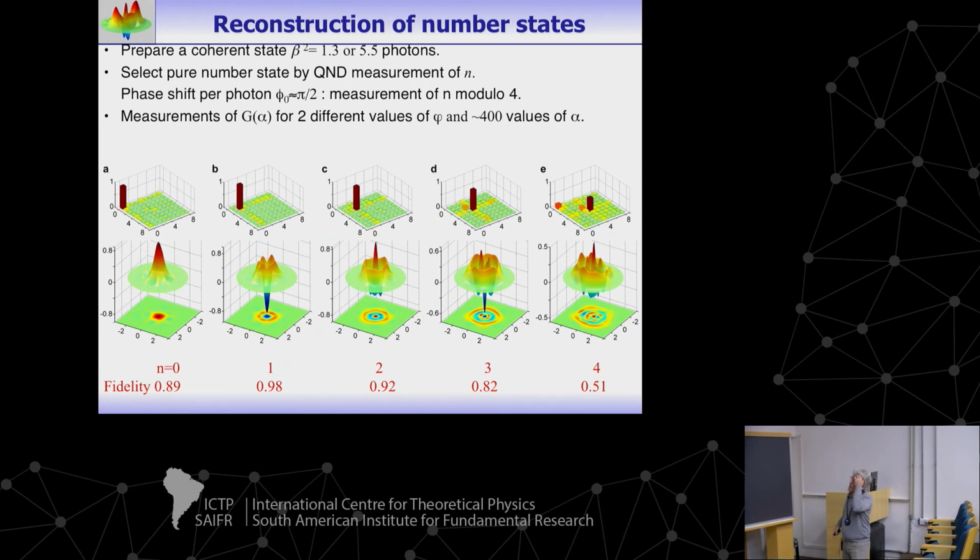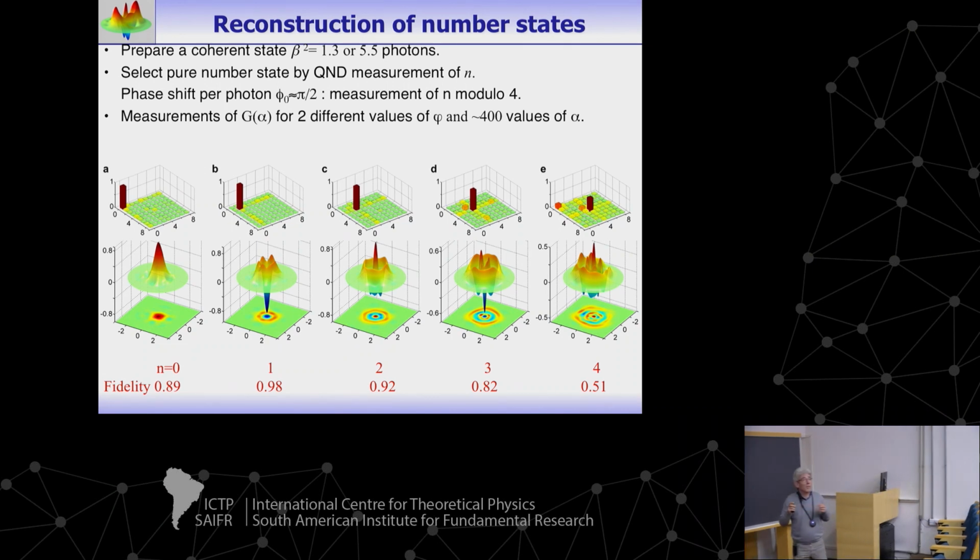The rest is kind of noise. So 1 photon, very pure, 2 photons, 3 photons, very pure. You see here that 4 photons is reconstructed with a slight decay to 3 photons because the measurement used for reconstruction takes some time.